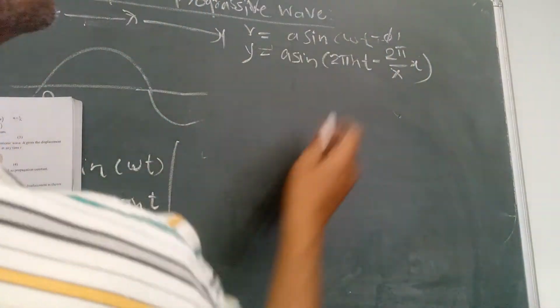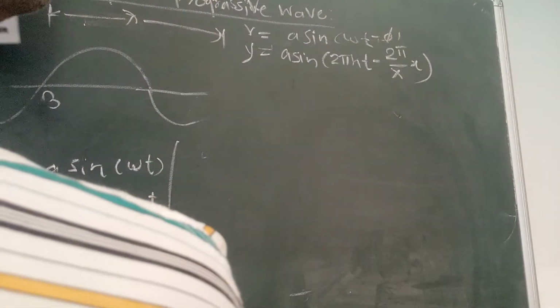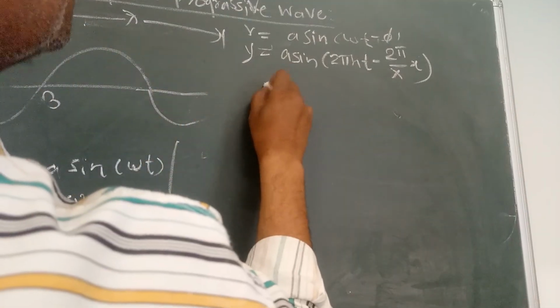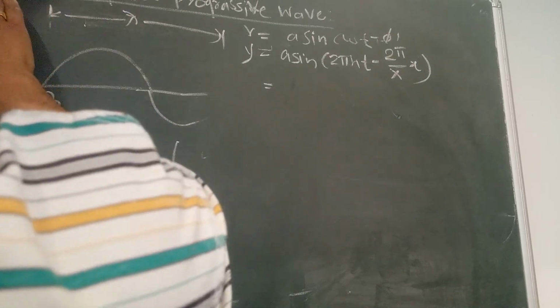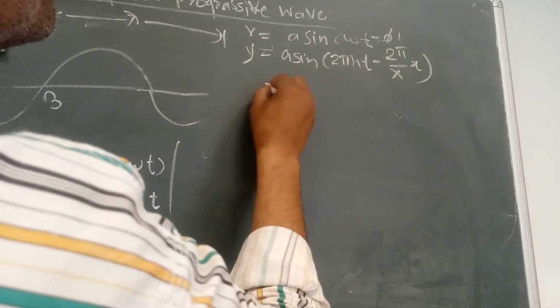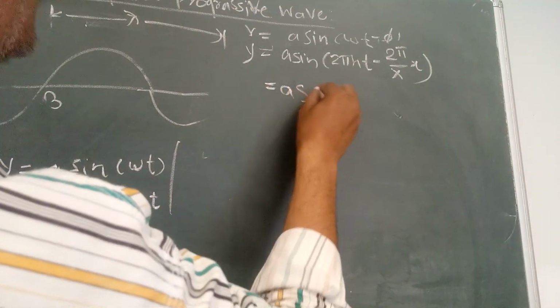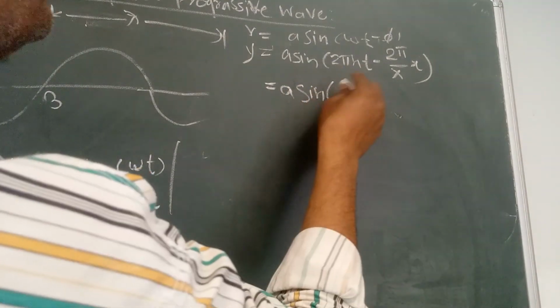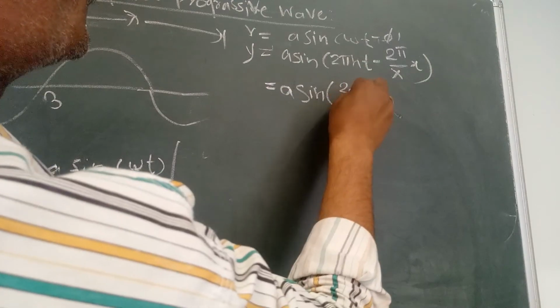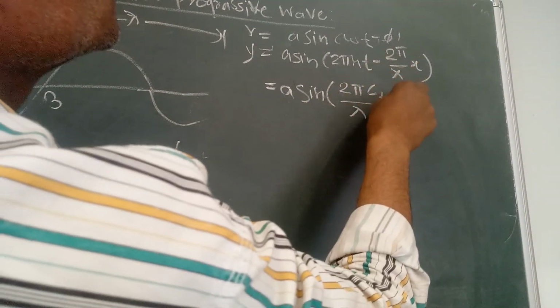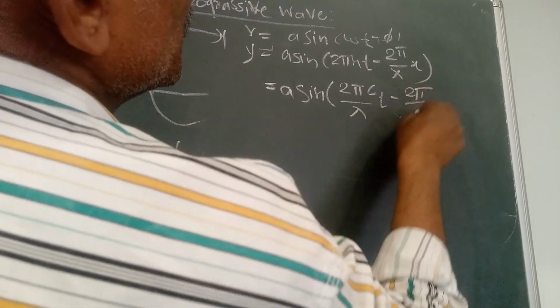This is the previous equation, so we have a sine of 2 pi c upon lambda into t, minus 2 pi upon lambda into x.